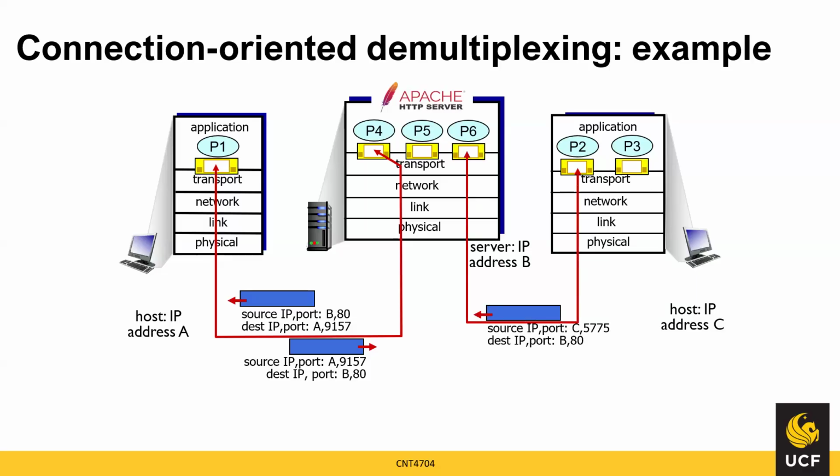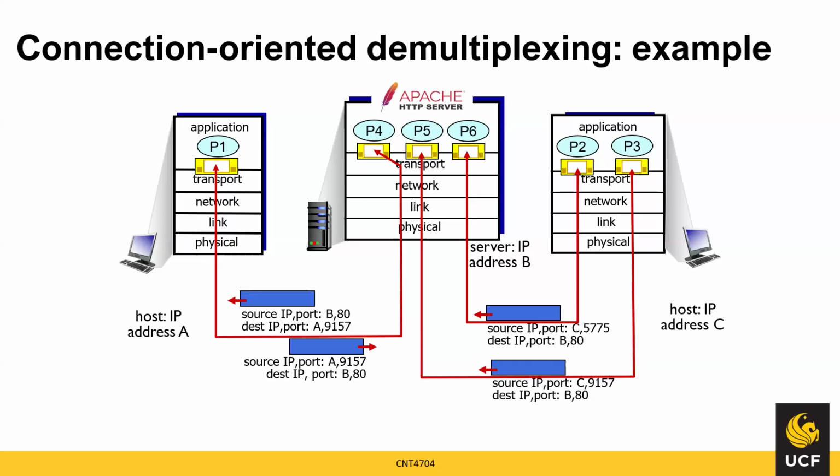On the right-hand side, we can also see datagrams flowing from host C to the Apache server, going from process P2 to P6, and another process going from P3 to P5. That means the host on the left has only one process, but the client on the right-hand side has several processes.